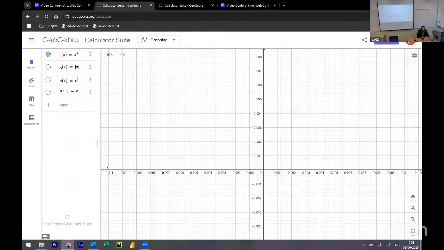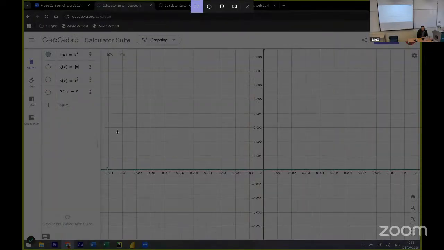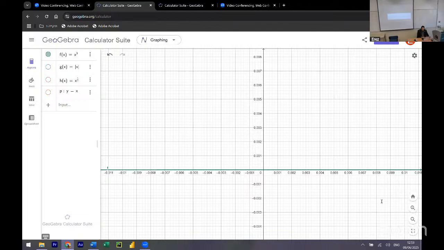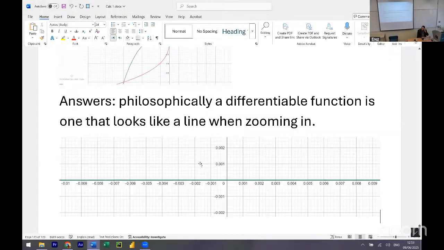It's not a good definition. It's not the mathematical definition, but that's the idea. It's important to understand that this is the idea.